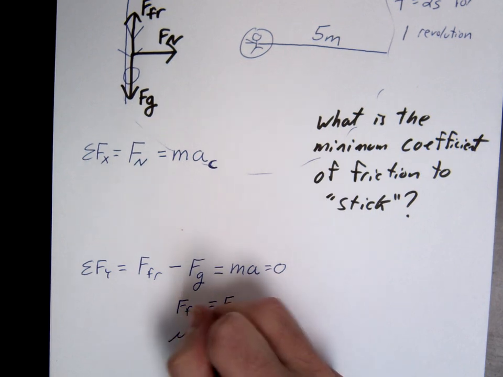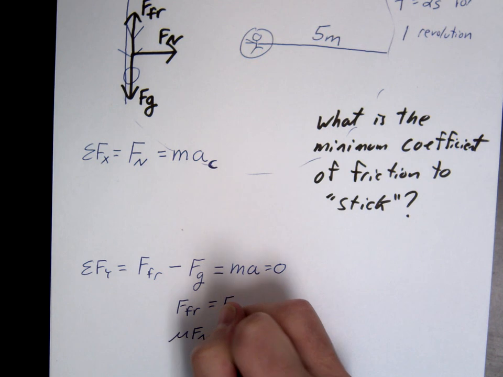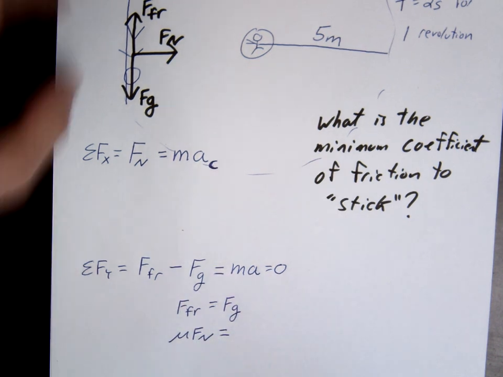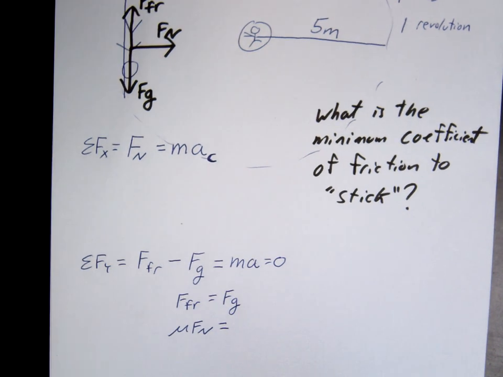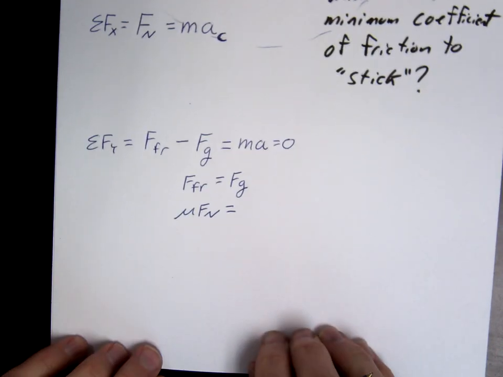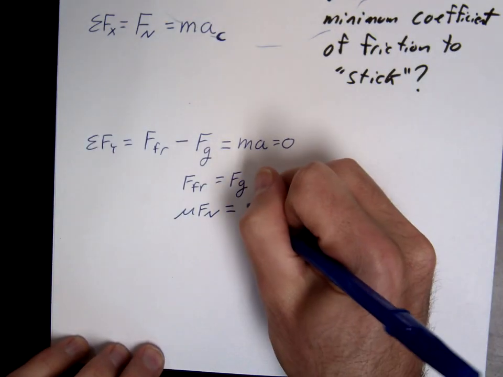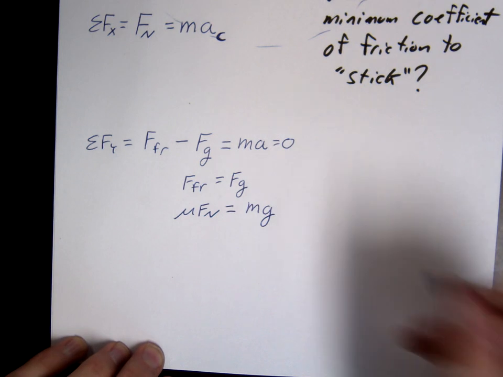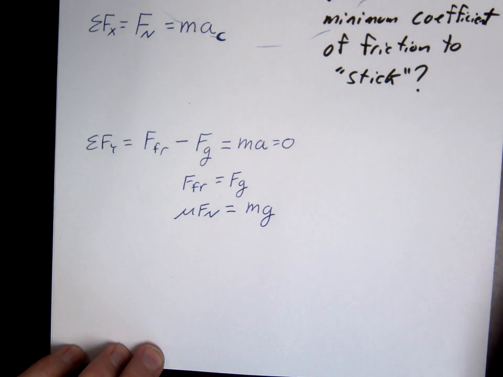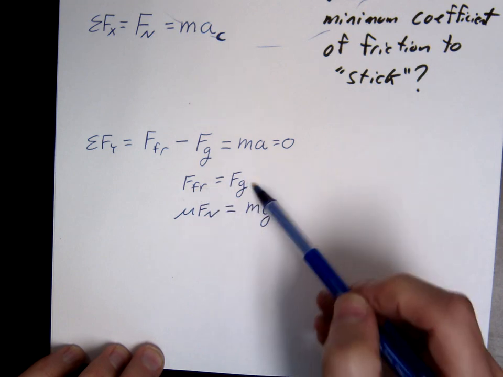Mu times F normal. What's our equation for gravity? Mass times little g. Mu Fn equals mass times little g. Okay. So I just expanded these two, right?